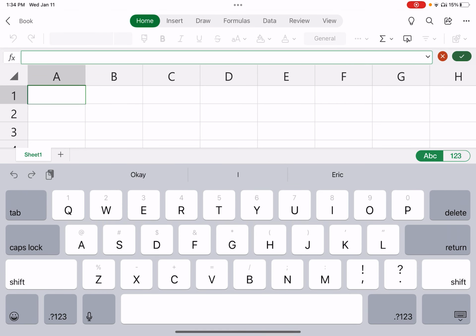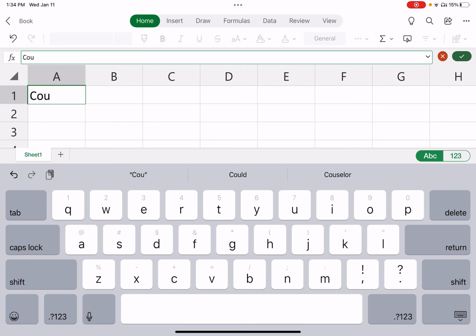I like to do this in Microsoft Excel. I'm going to say, it's an excellent tool to utilize. And so I am going to go ahead and put in some values here. So this is going to be Coulomb's constant.